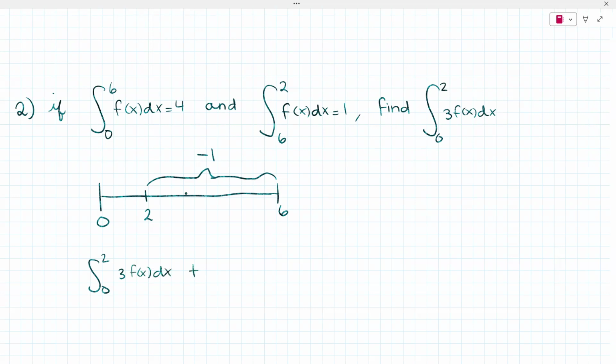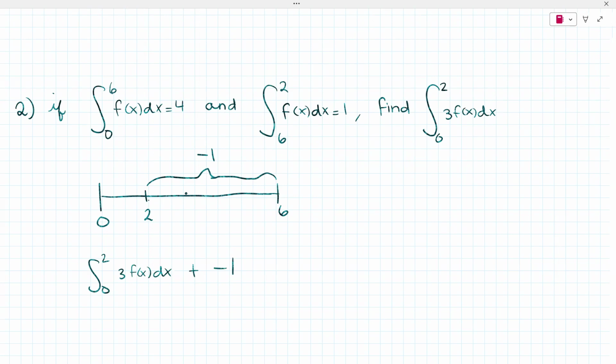And the integration from 2 to 6, do I know? From 6 to 2 is going to be -1, right?